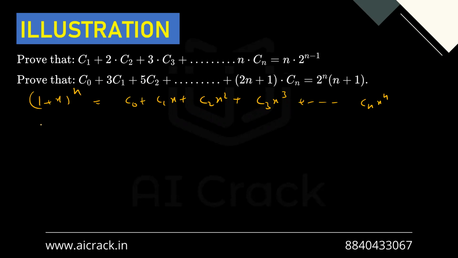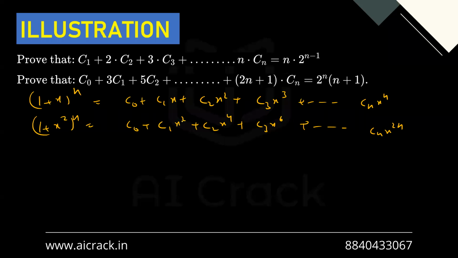So the first thought that comes to mind is I can write (1 plus x square) raised power n. That would give me C0 plus C1 x square plus C2 x4 plus C3 x6 till Cn x raised power 2n. Now I can actually differentiate this one and I'll be getting 2C1, 4C2, 6C3. But again, I'll be getting differences of 2, but I'm not getting 3 over here, 5 over here. We have to get 5. So what I can additionally do, I can multiply x over here, right?